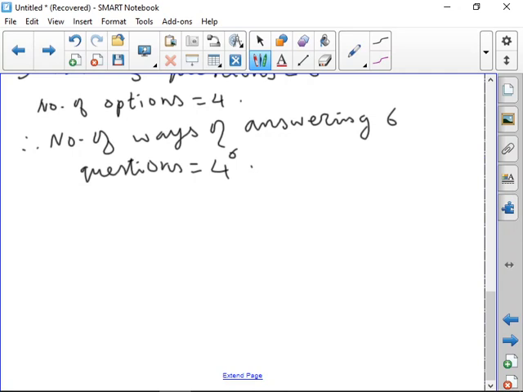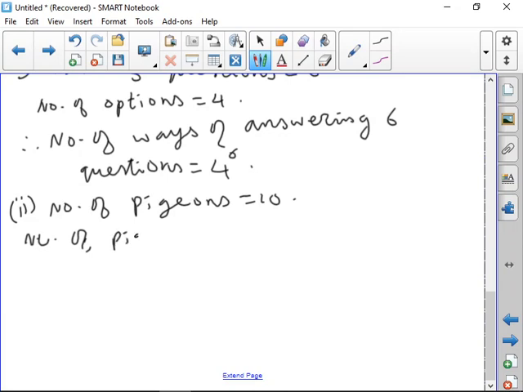Next, second subdivision. In how many ways can 10 pigeons be placed in 3 different pigeon holes? So number of pigeons is equal to 10. Number of pigeon holes is equal to 3.